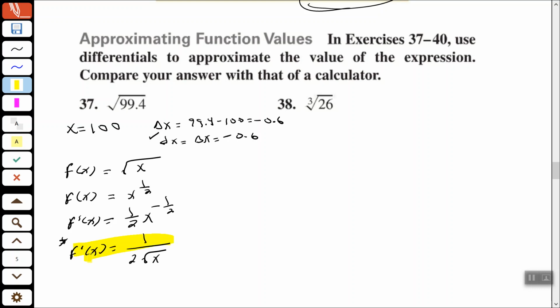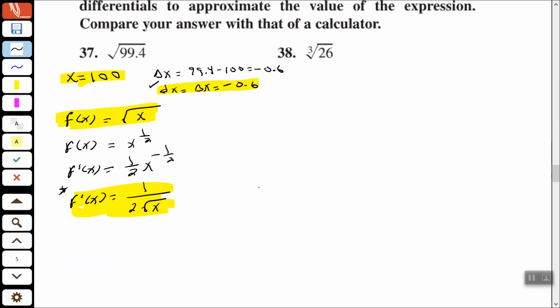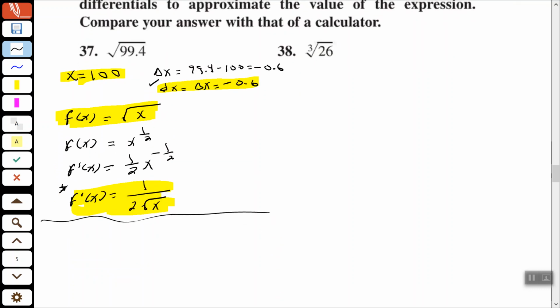We have this. All right, so to approximate this, we need f of x plus f prime of x times dx to approximate the value.